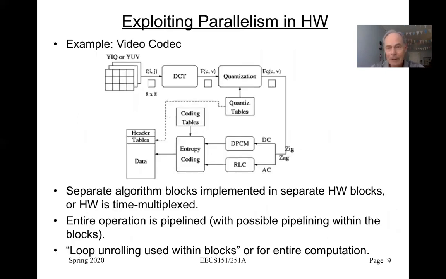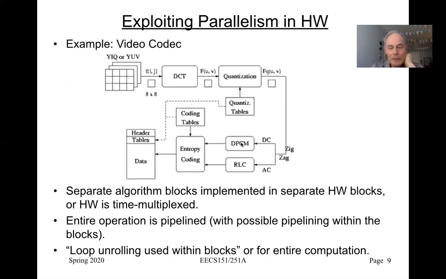A lot of the things that we build in hardware, we start out with a representation that is naturally parallel. For instance, here's a description of a video codec. This is a thing that compresses the video, and you can see it has a variety of blocks, and the video frames move through these blocks. This is a natural way to express this sort of algorithm.